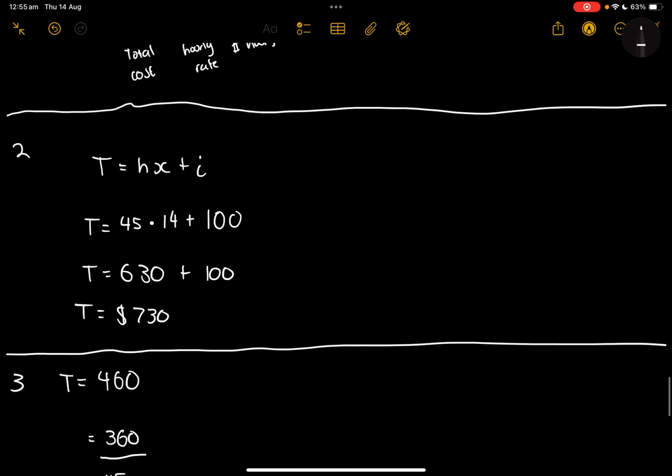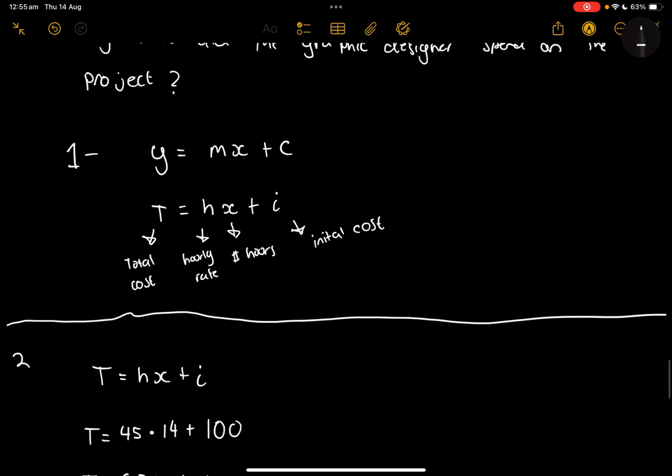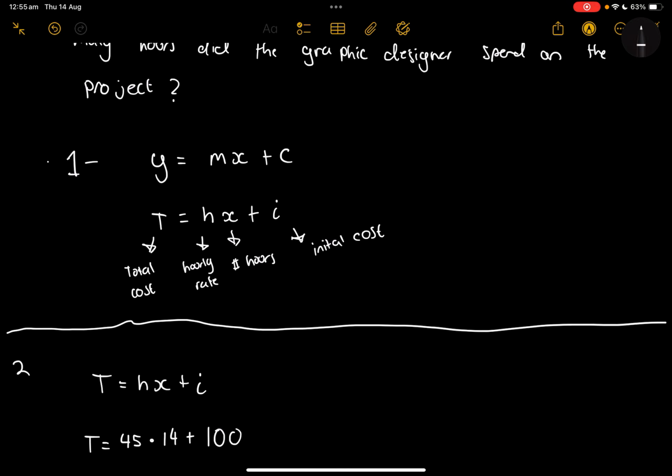Now, I quickly realized that I made a mistake on question 1 here. This, while it is correct, is not how you would leave your equation. You would still have the T, because that doesn't change, but you would put in the numbers that you're missing.